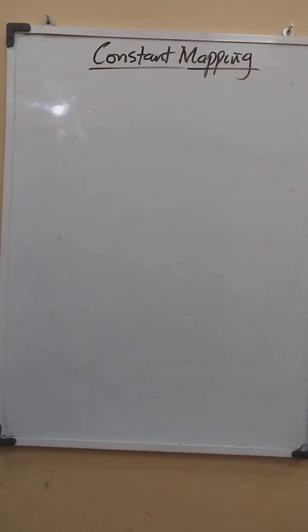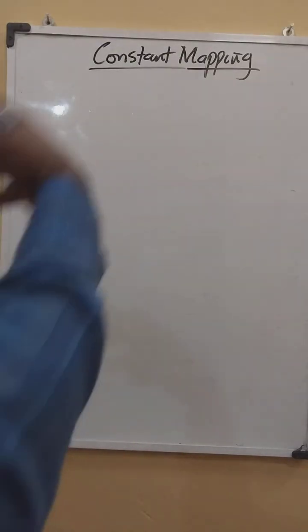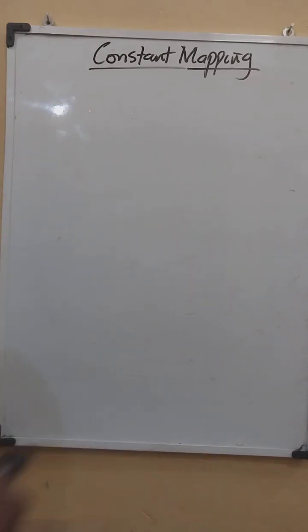In constant mapping, something happens. It occurs when every element in the domain maps to a constant element in the codomain, we call it constant mapping. That's what we call it.